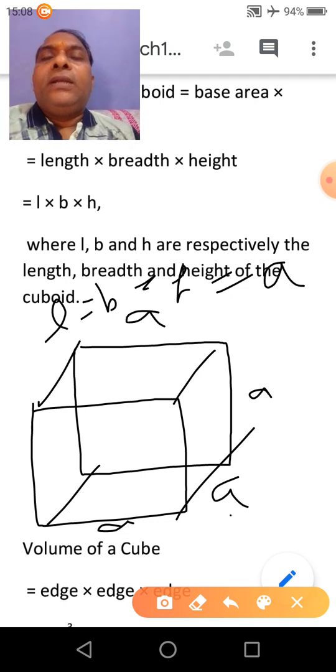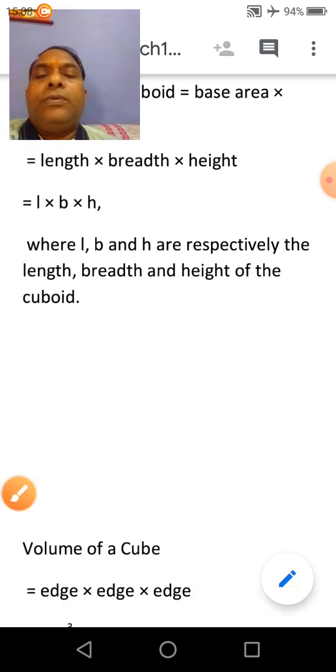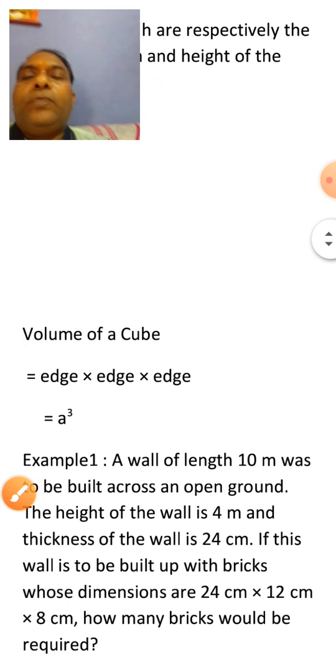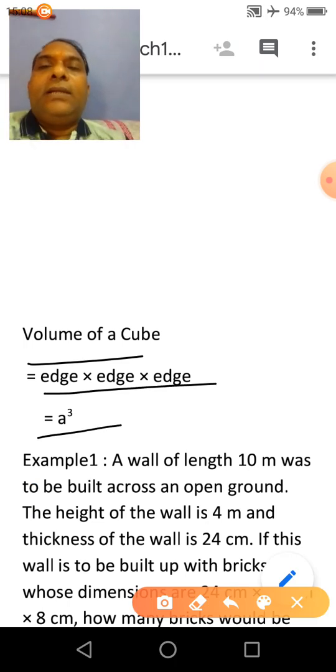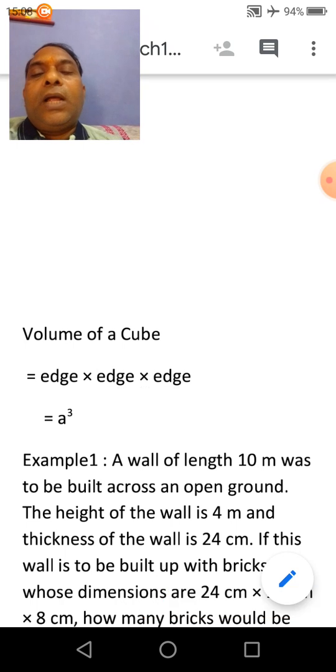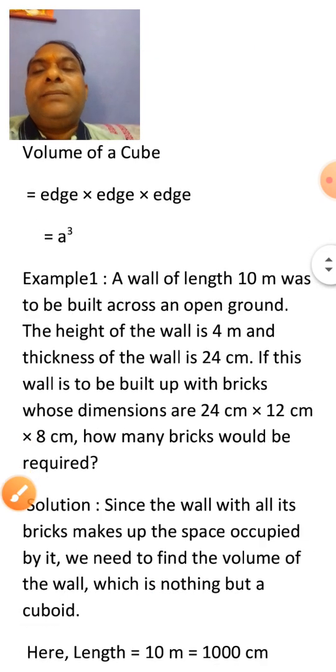Then you can find the volume of the cube. So volume of cube is equal to A cube, you can write. Clear?